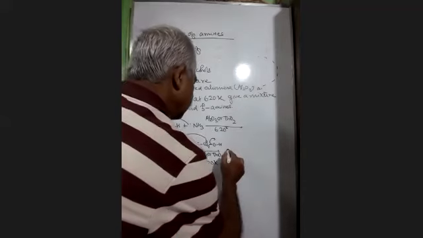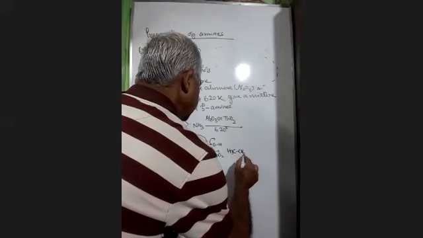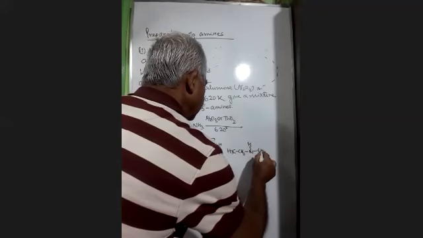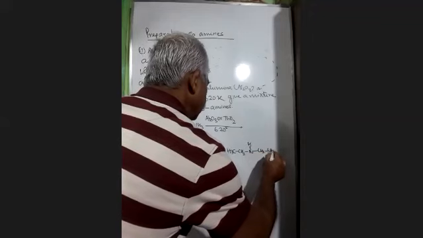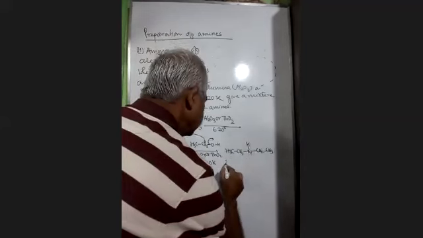So here you will get CH3CH2NHCH2CH3. Okay? So this is a secondary amine.